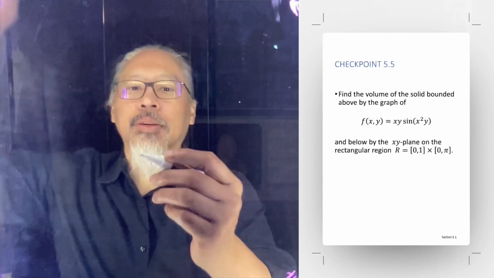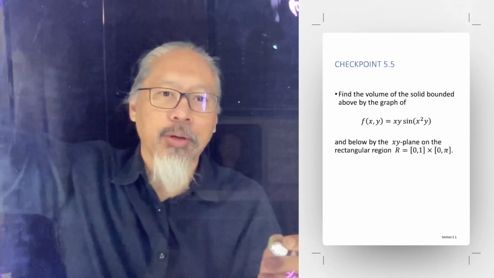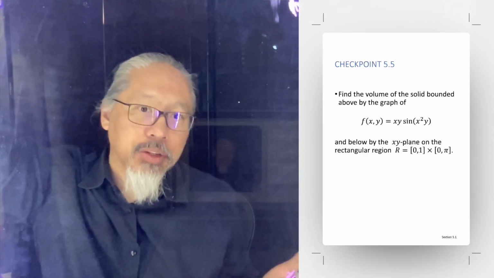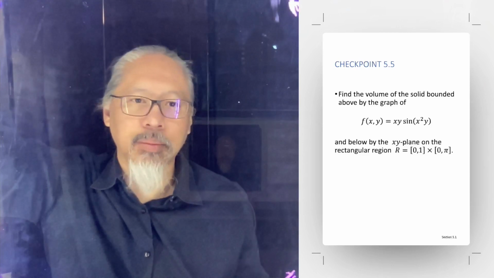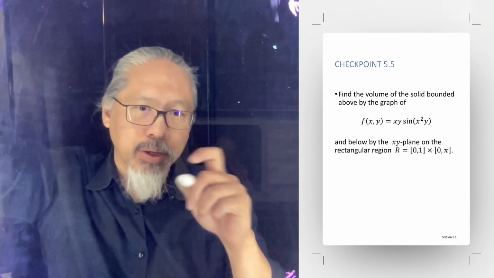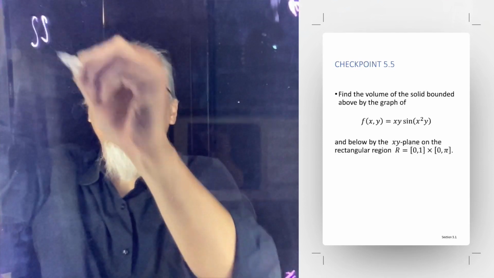Alright, so we want to set up this integral. We can integrate at this point because the region is a rectangular region. We'll have constant limits, and when we have constant limits, it doesn't matter which order we integrate.